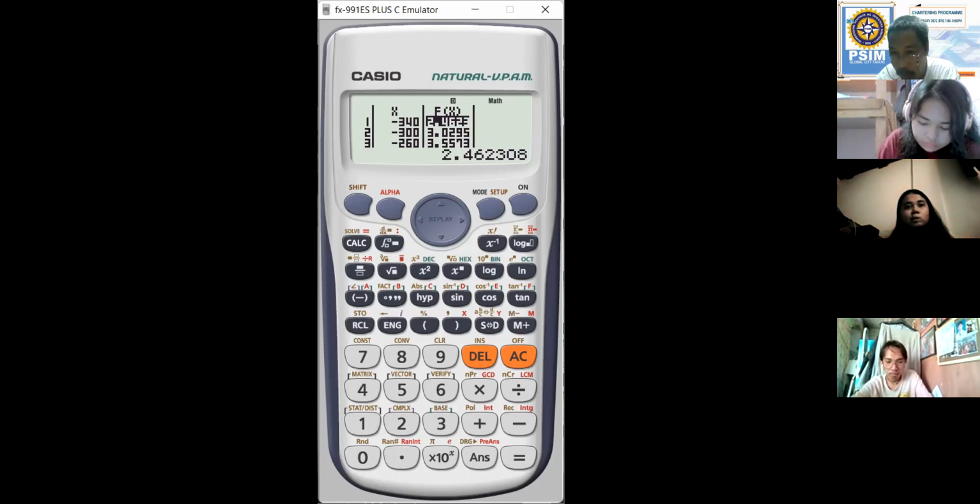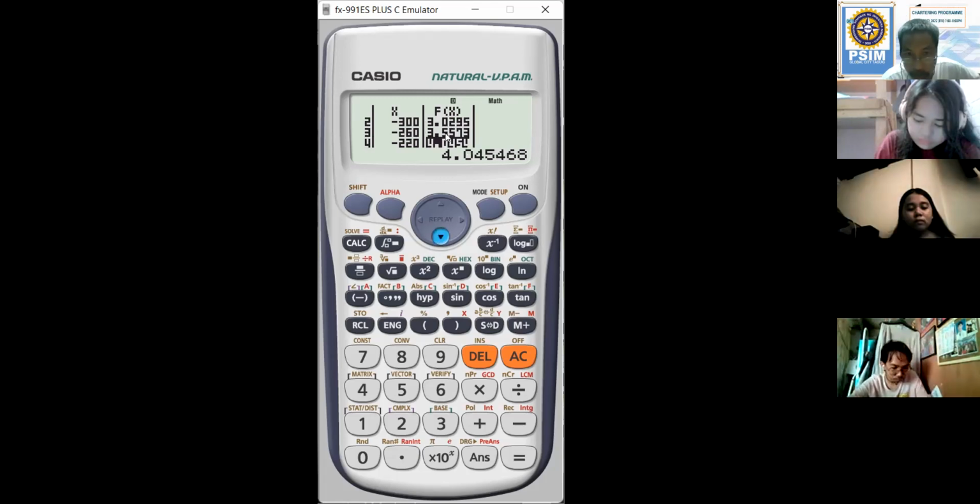This is how you can do it using a calculator. You can do it at one click of the equal sign, tabulated automatically. So let us look for 220. Here the temperature is negative 220.